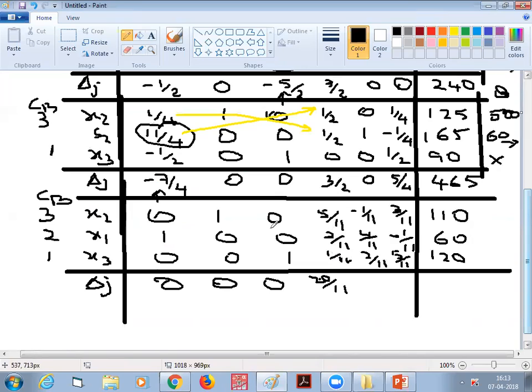Now next one, minus 3 plus 8 plus 2. 8 plus 2 is 10, 10 minus 3 is 7 by 11. And last one, 6 minus 2 plus 5. 11 minus 1 is 10 by 11. Okay, the important thing is, all of these are positive. And now what do I do? This 310 plus 120 plus 120.